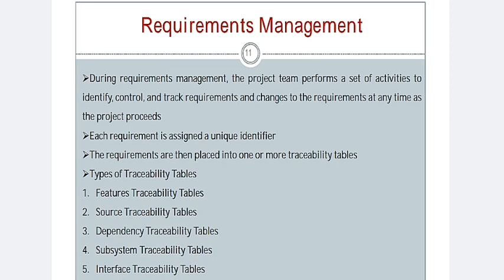The traceability table is drawn to check whether all requirements are correctly implemented or not, and which requirements are incomplete or complete. We get all this information regarding requirements from the traceability table. There are many types of traceability tables available, like features traceability table, source traceability table, dependencies traceability table, subsystem traceability table, and interface traceability table.